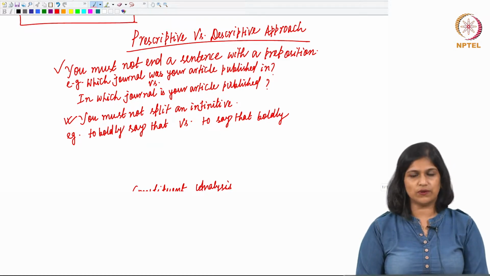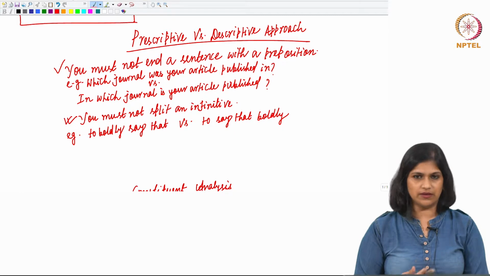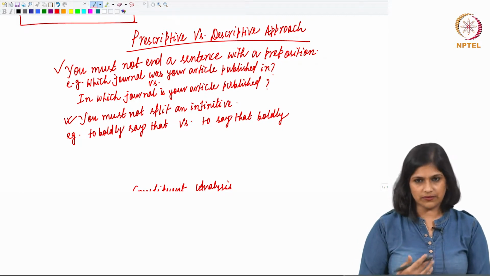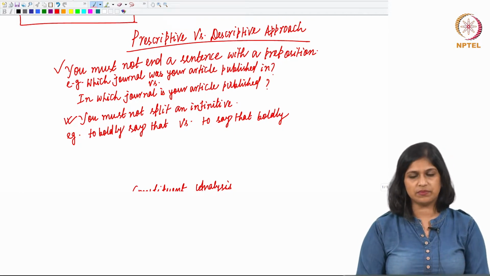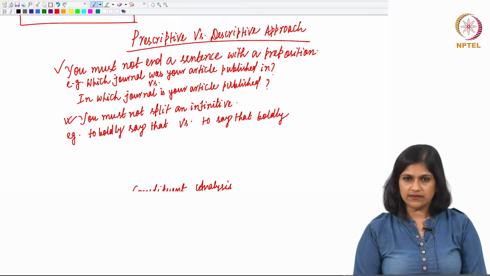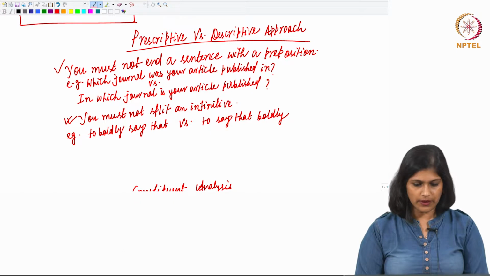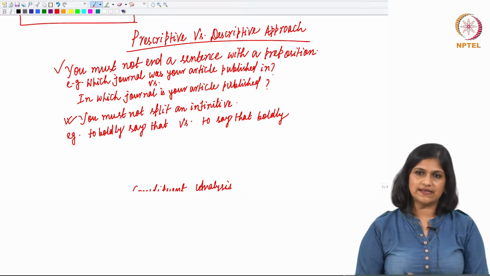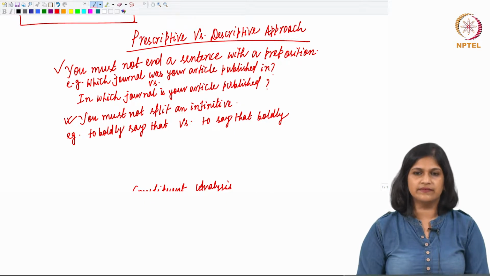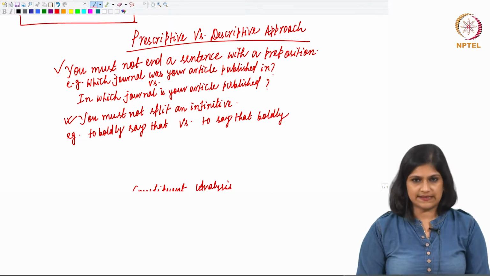But those who have been watching Star Trek, so obviously you would know Captain Kirk's, so when it is related to the native speaker's intuition, there is absolutely no problem in splitting the infinitive, okay. So the rule that has been stated, you must not split an infinitive, is baseless in that sense.